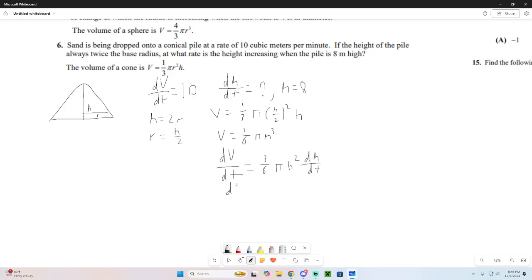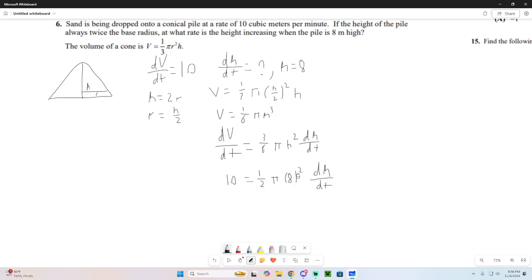So we have dV/dt equals, and we know that dV/dt is 10, so I'm just going to plug that in right now. We get 10 equals 1/2 pi times 8 squared dh/dt.